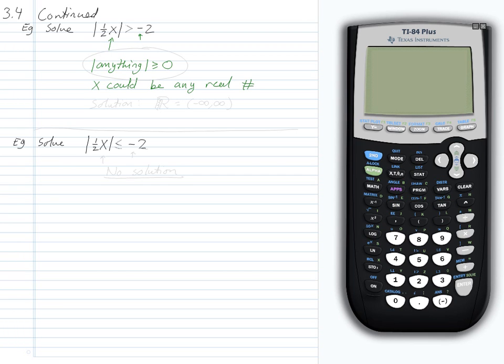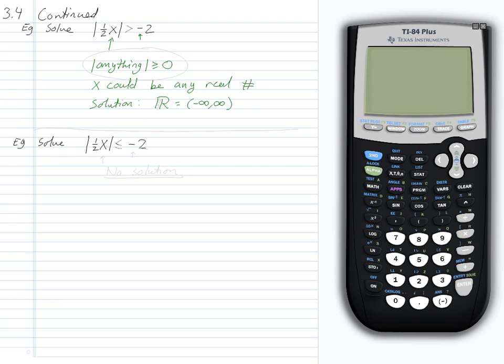And so our solution would be all real numbers, or negative infinity to infinity. And you can confirm that, perhaps not exhaustively, but you could plug in x values of your choosing. Any x value you plug in should satisfy that inequality.